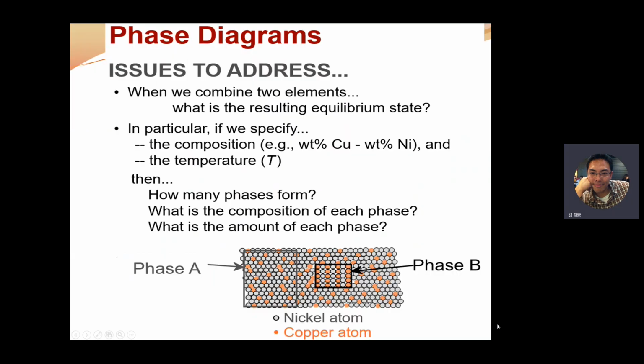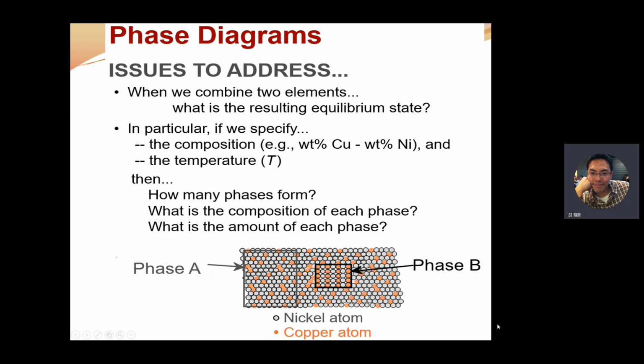The issue we have to address is that when we combine two elements, one is the matrix and the other is, we can say, a point defect for strengthening the materials. What is the resulting equilibrium state?